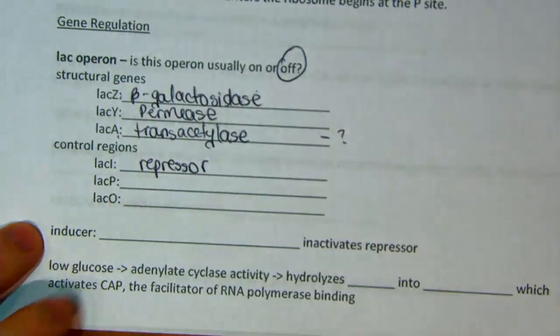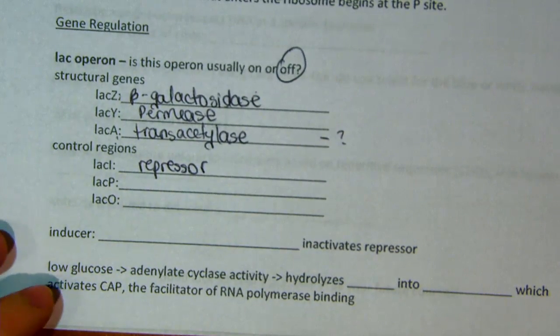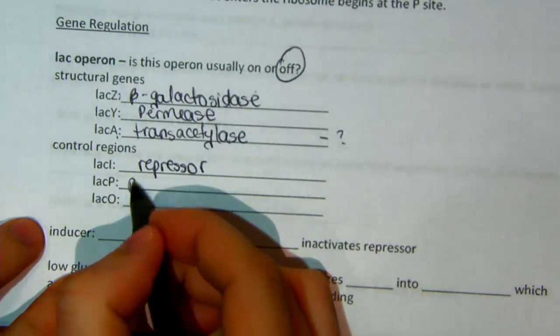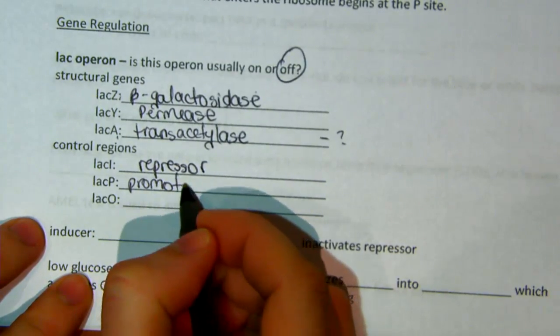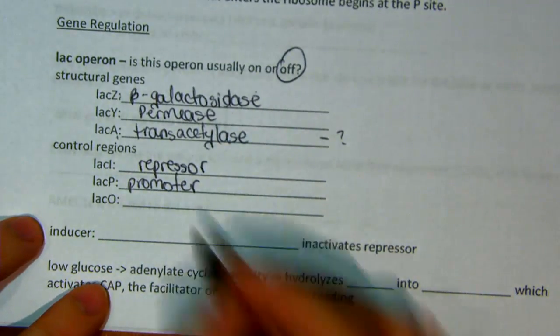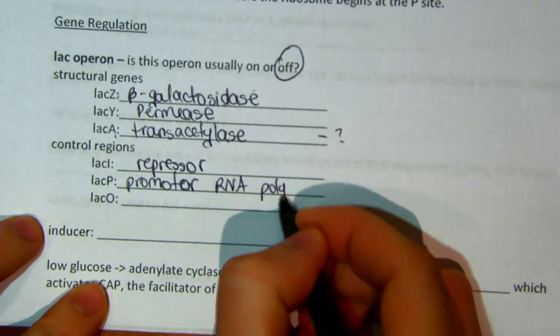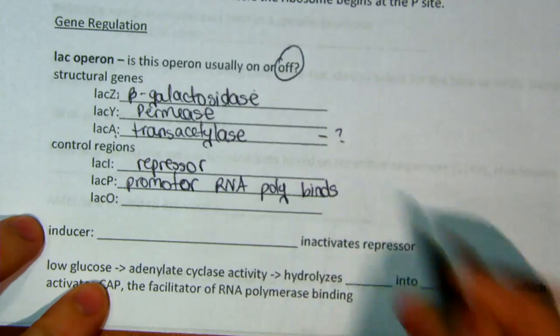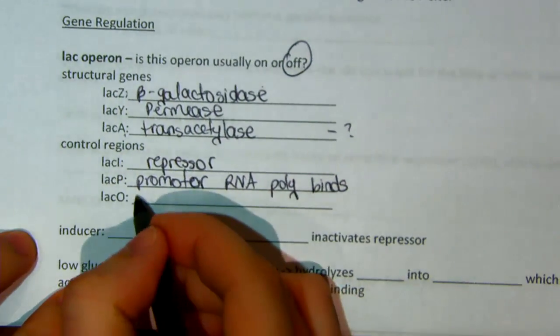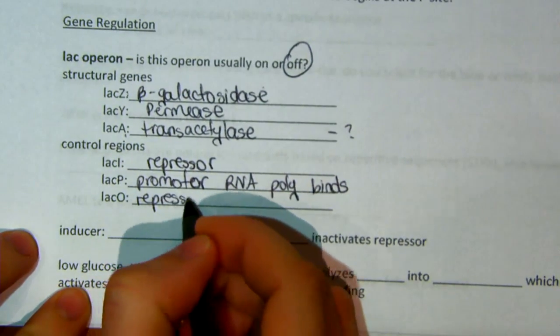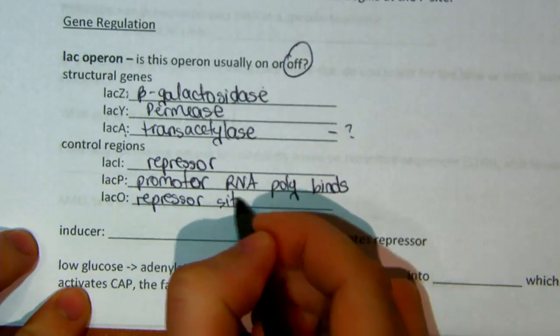That actually is a gene that codes for the repressor. The LAC-P is P for promoter, and you know from previous chapters that that is where RNA polymerase binds. And then the LAC-O is the repressor site, so it's where that repressor is going to bind when it wants to repress the operon.